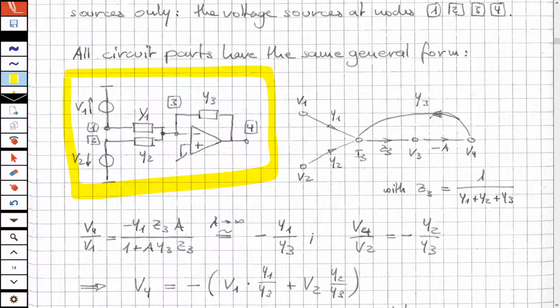And this sub part here would have some nodes, one input node V1, one input node V2, then an intermediate node V3, and an output node V4. And the only node in this circuit that does not already have a voltage source connected would be this node here. So here I have a magic source, but this magic source I will not always draw.